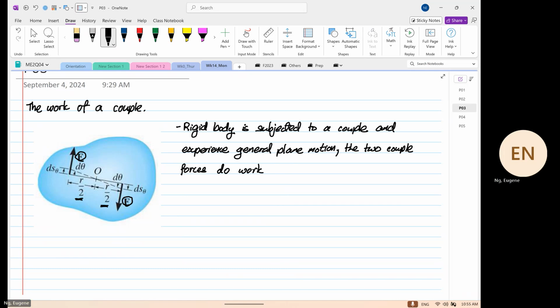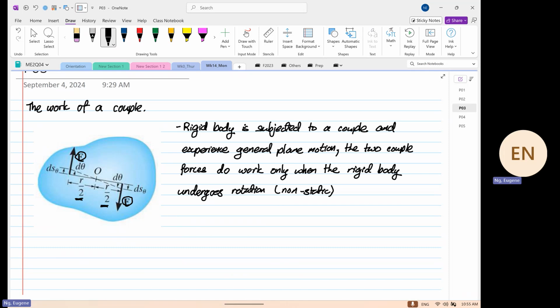Only when the rigid body undergoes rotation, i.e. non-static, so it's moving. Remember the previous statement we spoke about, if it's not moving, then it does no work.